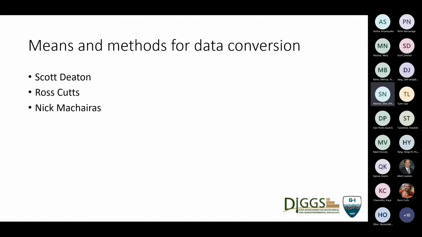Some small programs, a small demonstration there on how to get data from GINT to DIGGS, which again, there are some options out there, but through the demo, we present these programs, and we also talk about the value of templates and mapping, which is very important in any import-export data process.